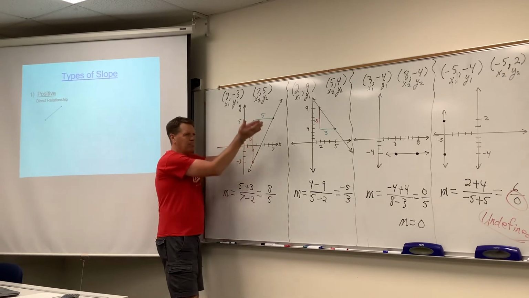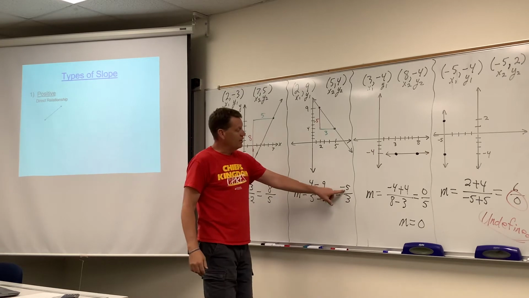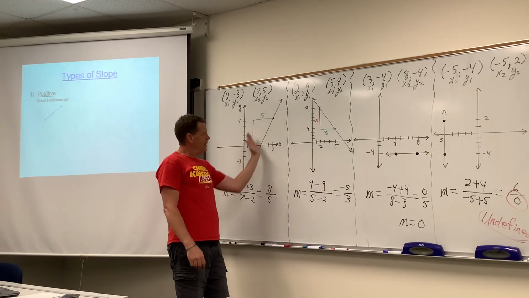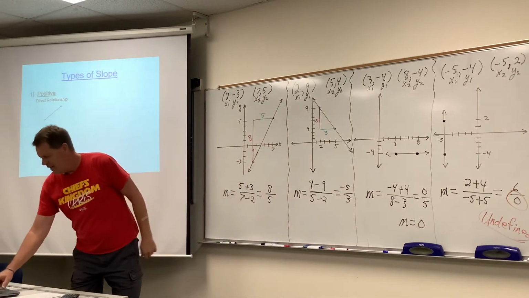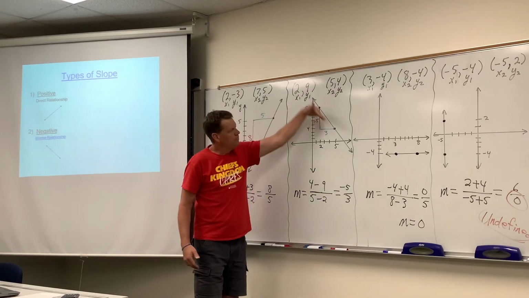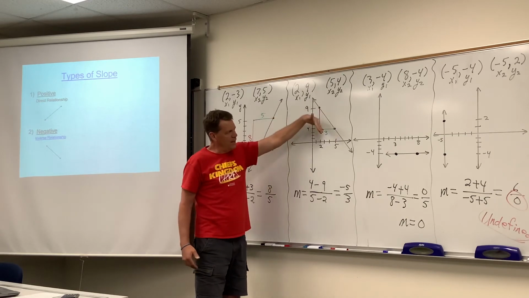It goes up, as we see in the notes. This one was a negative slope. Notice, reading from left to right, that one goes up. What's this one do? It comes down. When a line has a negative slope, it's called an inverse relationship, and the graph has a general appearance like that. So positive slope, negative slope.